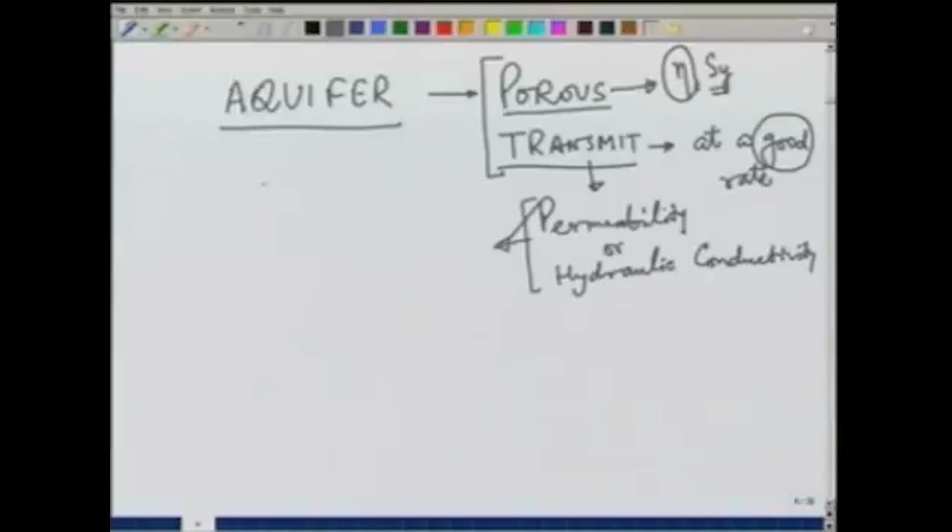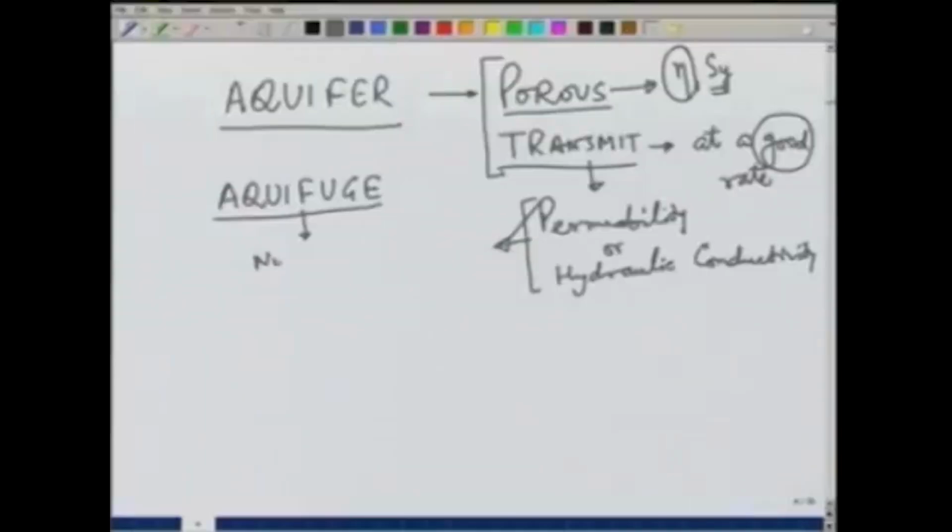The second kind of formation which we classify is known as aquifuge, which is just opposite of the aquifer. It cannot store water and it cannot transmit also at a good rate. So, non-porous and we can say the transmissivity is very small or impermeable.